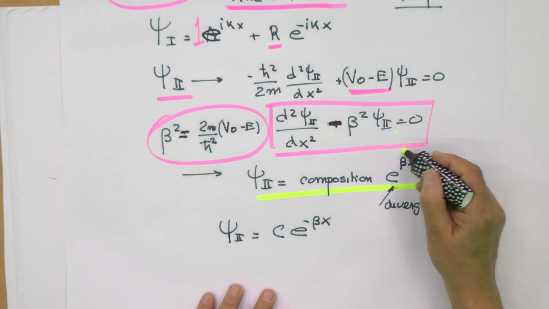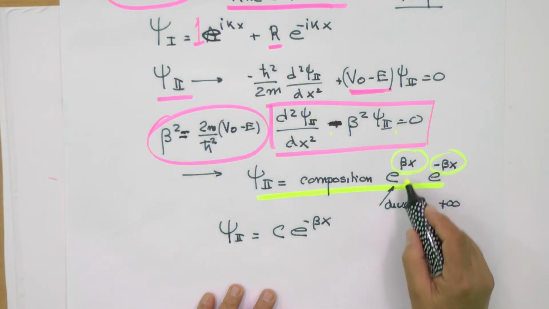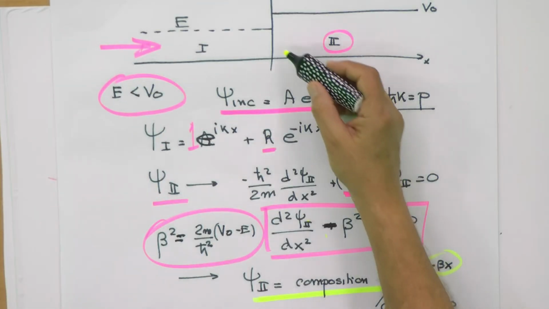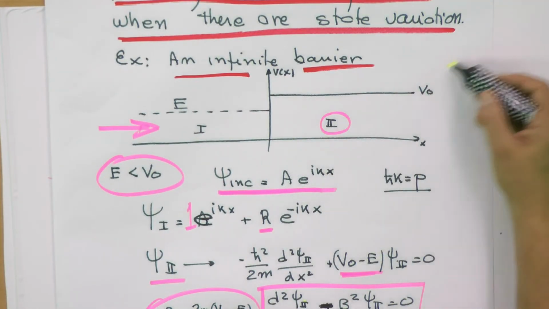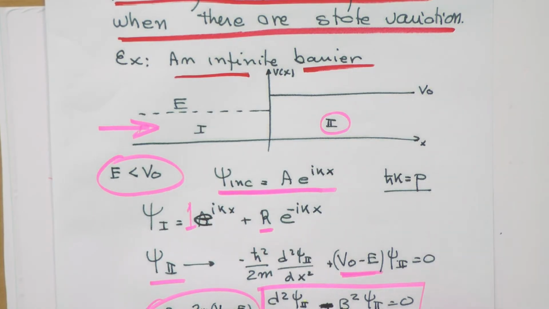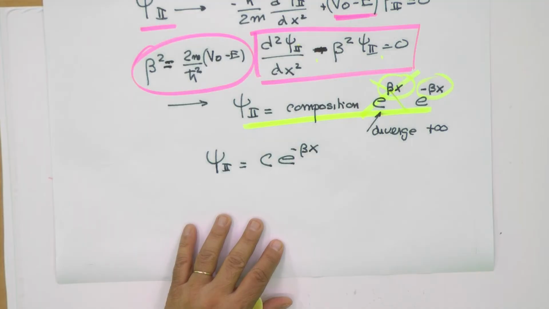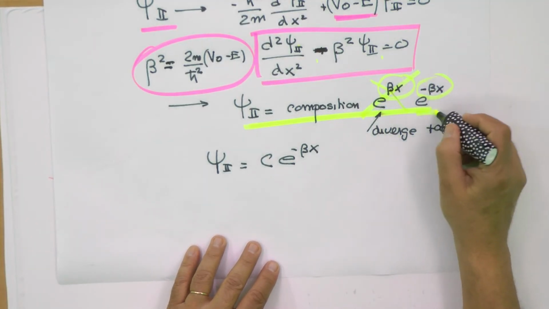I can have a positive exponential or a negative exponential. If I consider the positive exponential, it means the wave function will grow when I grow x, and blow up at infinity. So this is no good solution for this physical system. I keep only the negative.